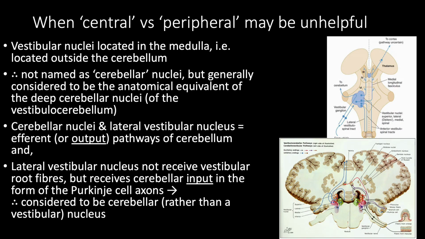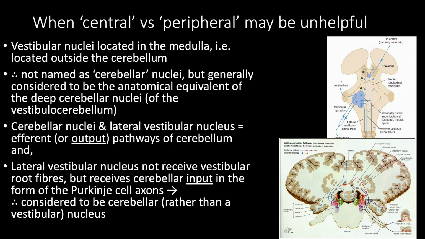Continuing this idea that the dichotomy of central versus peripheral may not always be helpful, let's look at the anatomy. So the vestibular nuclei are located in the medulla, i.e. outside the cerebellum, and hence are not named cerebellar nuclei, but are generally considered to be the anatomic equivalent of the deep cerebellar nuclei, i.e. cerebellar nuclei that went somewhat wayward during embryological development.